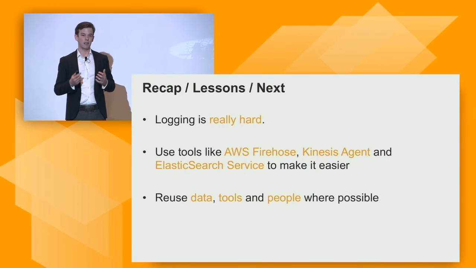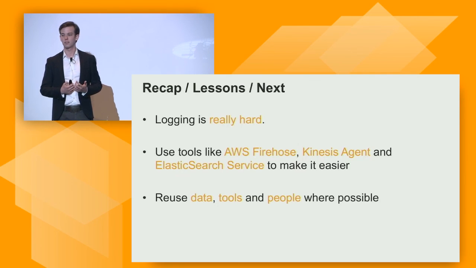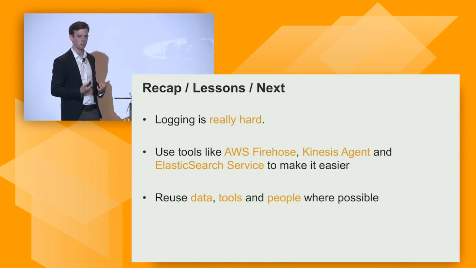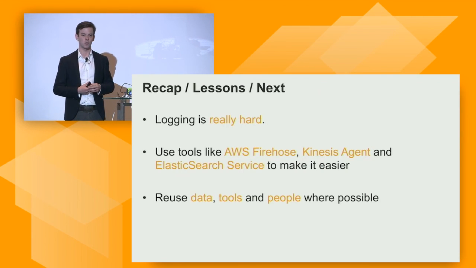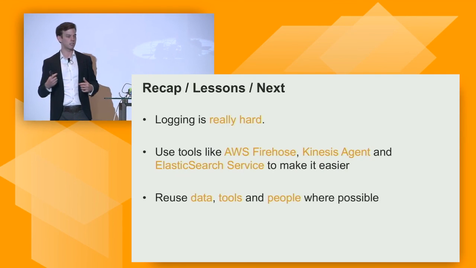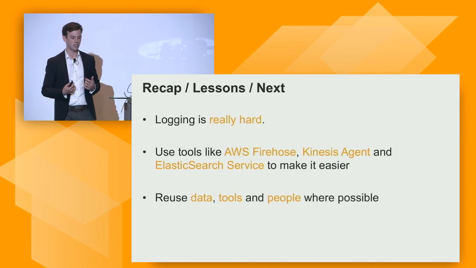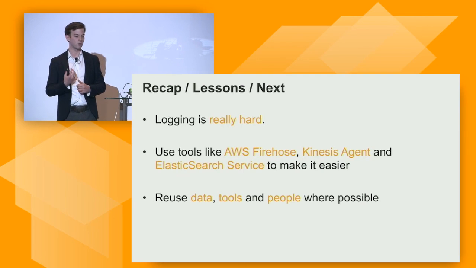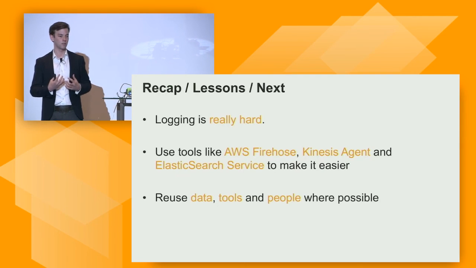So to recap, I still think logging is incredibly hard. We make life easier. We provide you plugins, we provide you software, we provide agents to take that data off, and very scalable services for you to take that data in. But it's still hard to do. If you use tools like Firehose, the Kinesis agent, Elasticsearch service, or even Redshift, it does deal with a lot of those core components and make life easier.